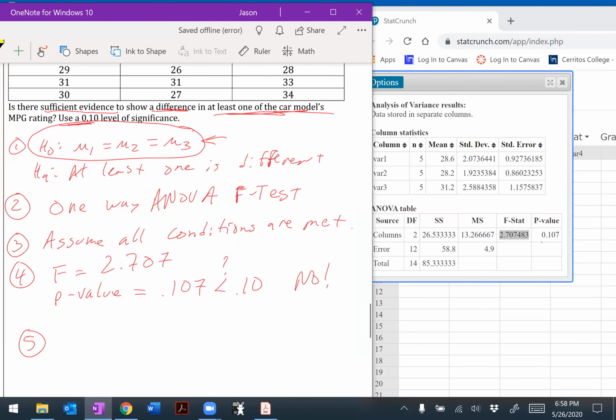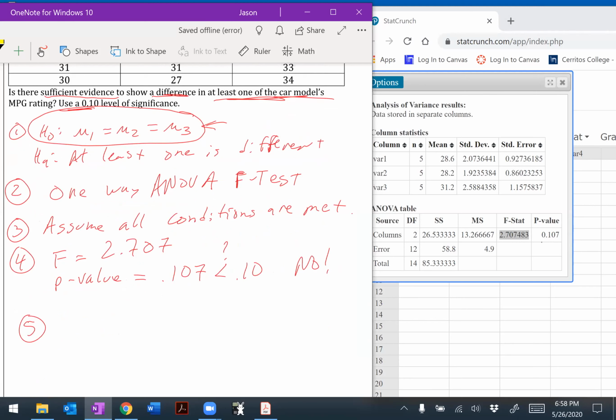And so we could say, since the p-value is greater than 0.10, which is our significance level, we fail to reject our H0. We fail to reject our null.